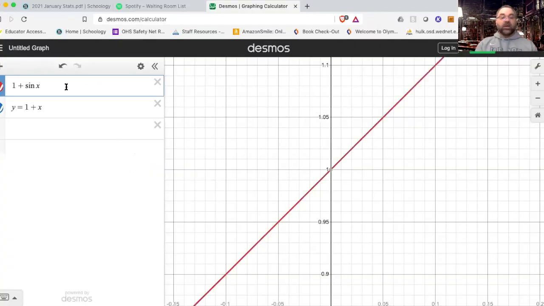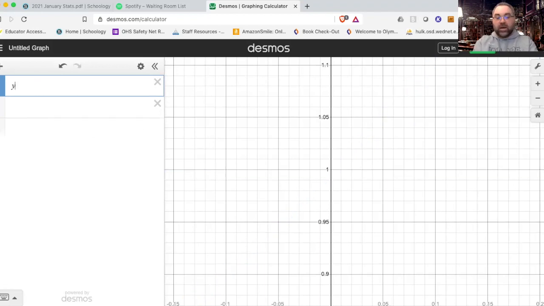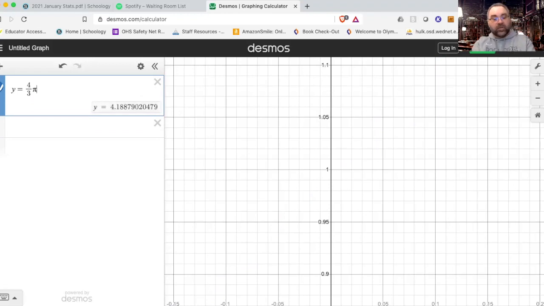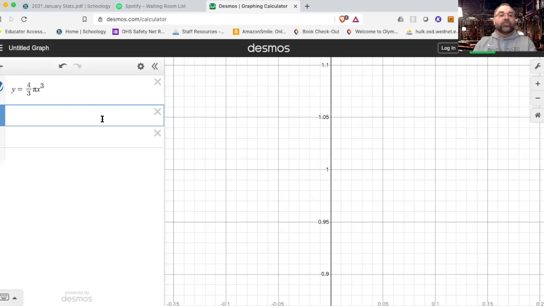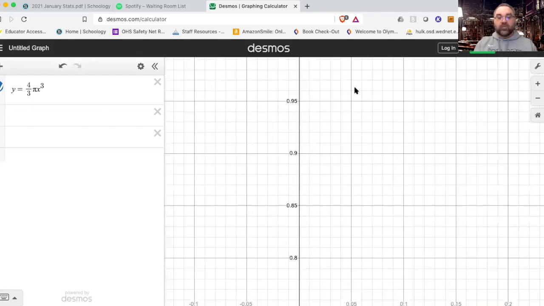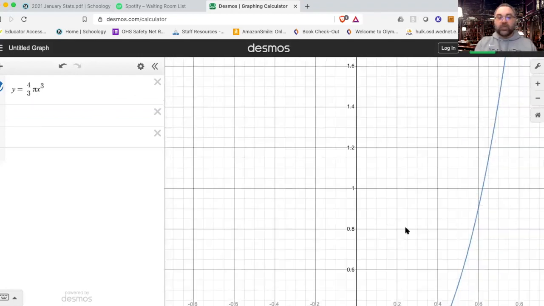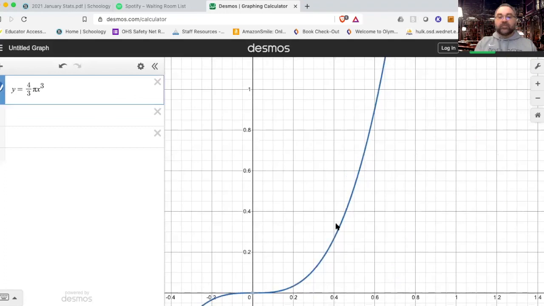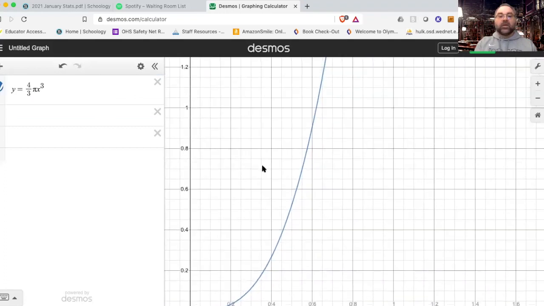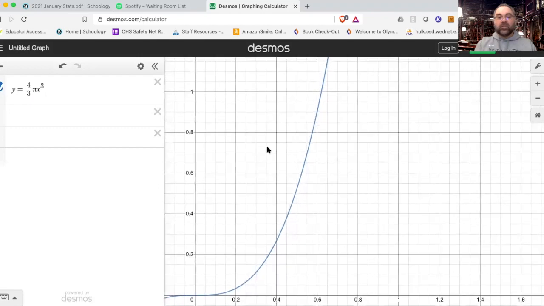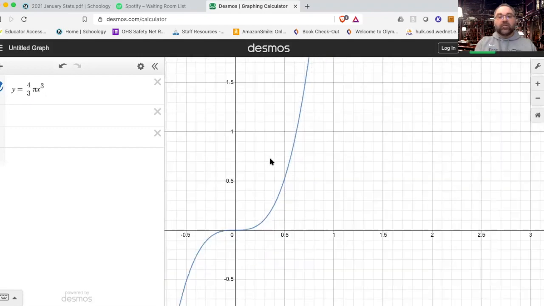Yeah, I can certainly graph what y equals 4/3 pi x cubed. There's my volume, right? And I can graph, where's that? There we are. I'm still zoomed out. There we go.